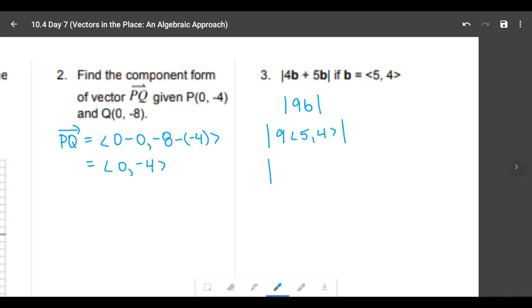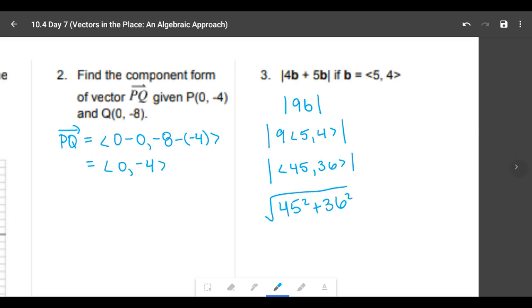And so we're really taking the magnitude of this vector. 9 times 5 will be 45, and 4 times 9, 36. And so now when I take the magnitude of this, again, square root of 45 squared plus 36 squared.